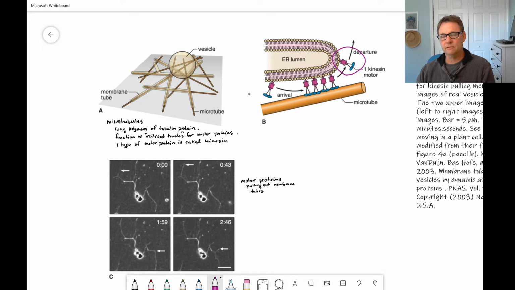And they can make these long, narrow membrane tubes, like capillary tubes, but they're like membrane rods in a sense. And so you get these membrane tubes. So this would be the membrane tube up here. And then here you see the membrane tubes forming along these microtubules, which are being stretched and pulled.